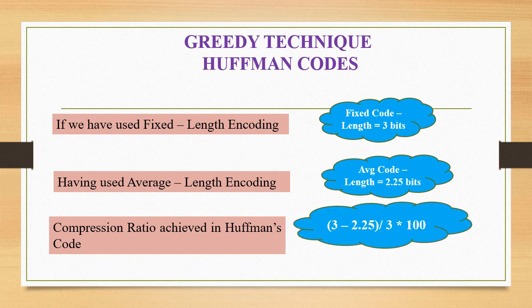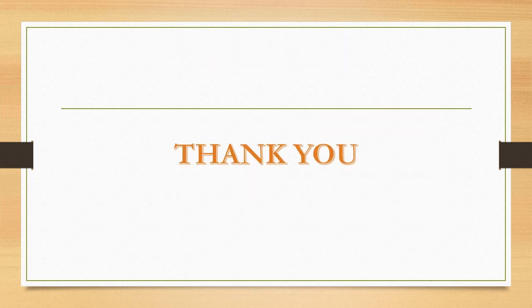So we have to calculate the compression ratio: 3 minus 2.25 divided by 3, into 100. What value are we getting? We are getting 25% more compression than what we achieve in fixed length coding. So that's all about Huffman coding. Thank you.